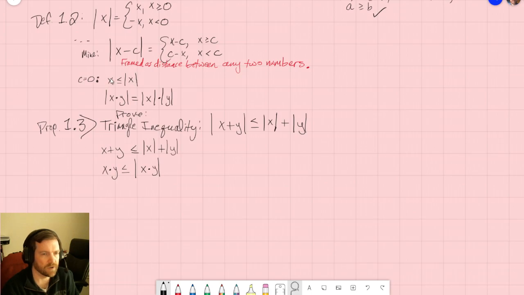So the product xy must be less than or equal to the absolute value of the product xy. Then this is equal to the absolute value of x times the absolute value of y.